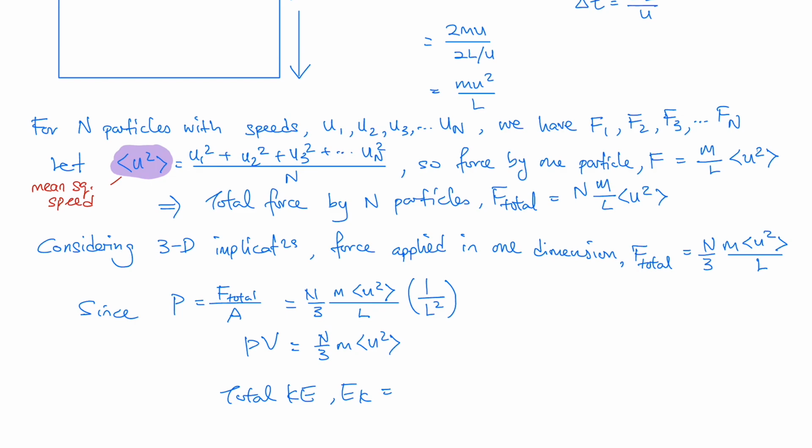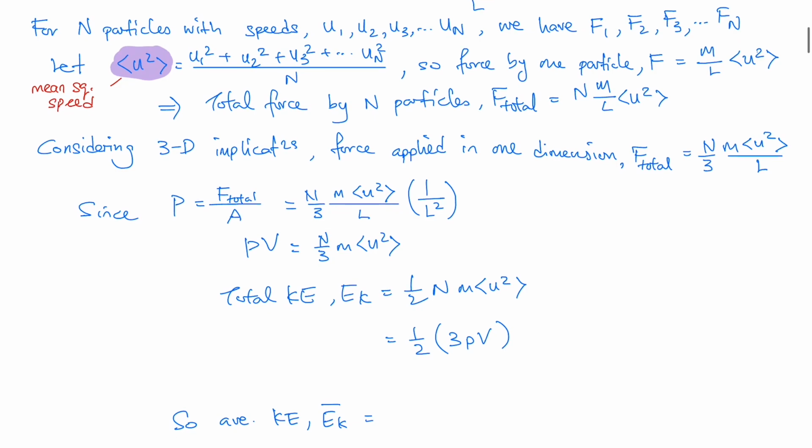So total kinetic energy, we know, is half mv squared. Total would be multiplied by the number of particles, where m refers to the mass of one particle and n refers to the total number of particles, and u square parenthesis represents mean square speed.